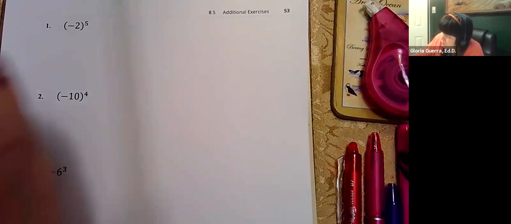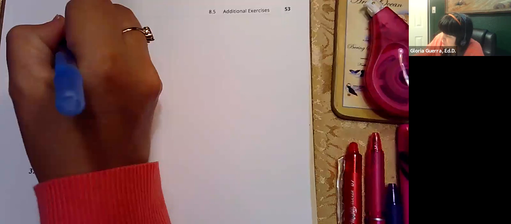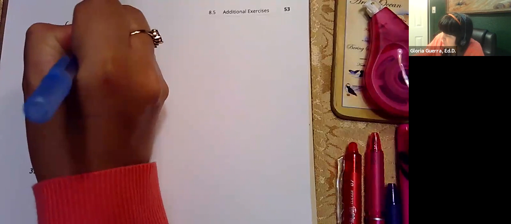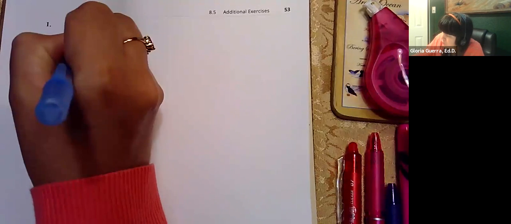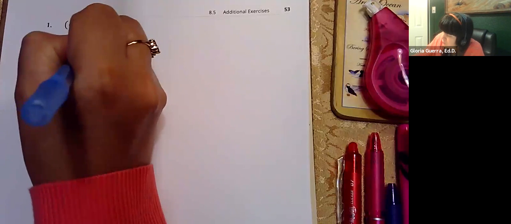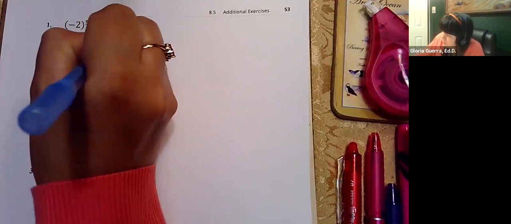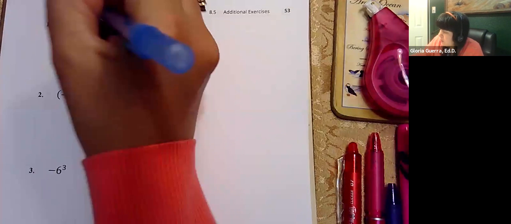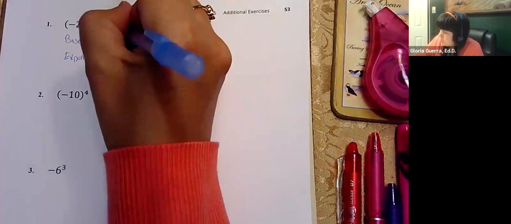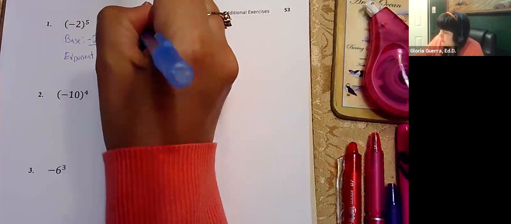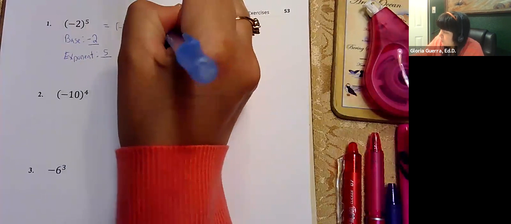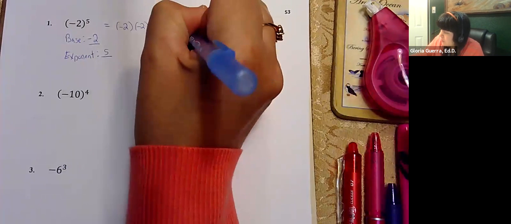Your base is -2 and your exponent is 5. When you evaluate, this means -2 being multiplied repetitively over and over 5 times.